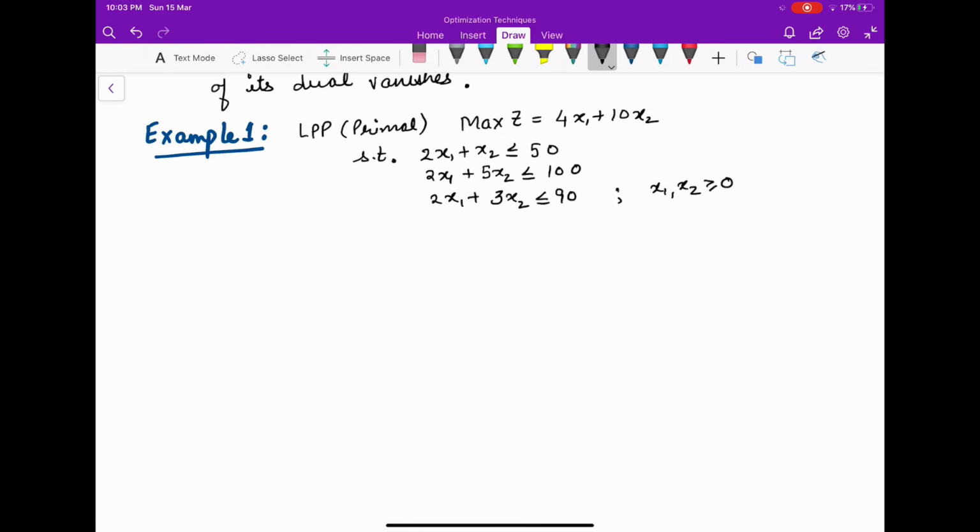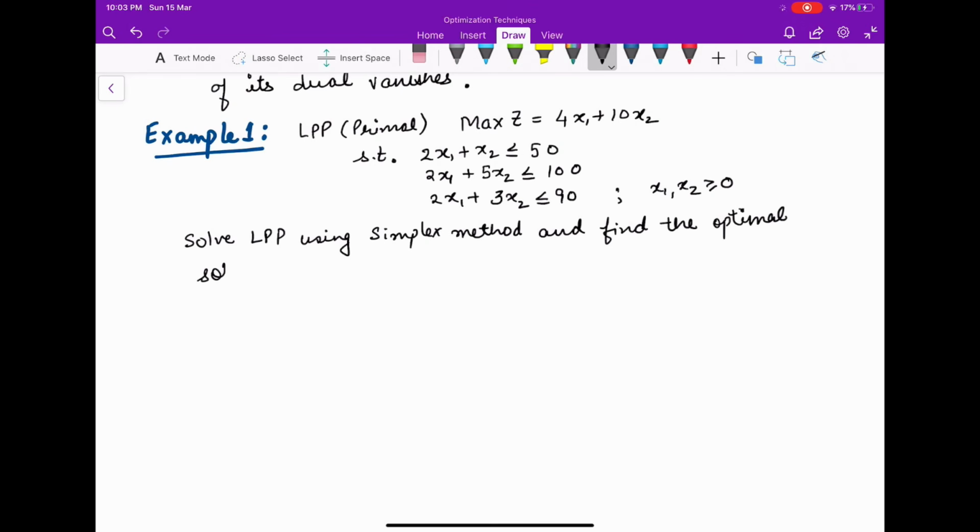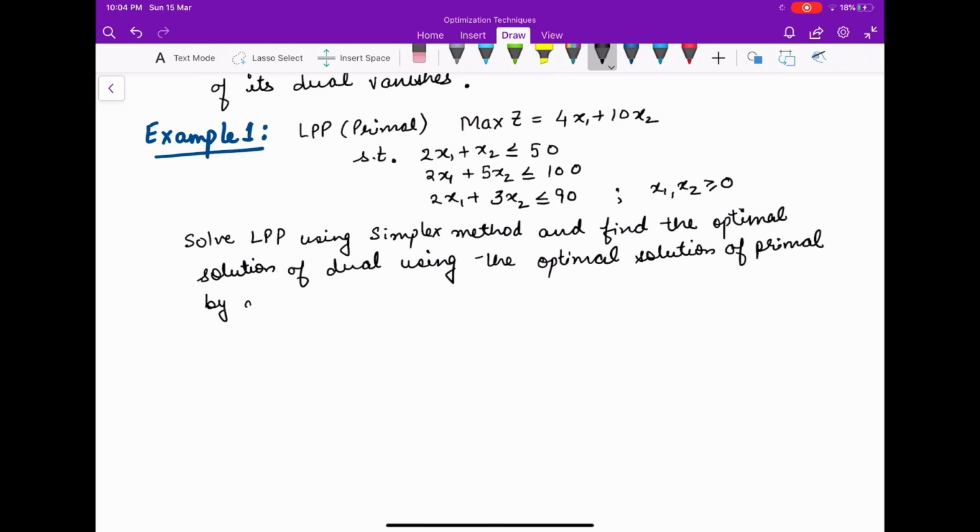Now the question is, solve the LPP using the simplex method and find the optimal solution of the dual using the optimal solution of the primal by applying complementary slackness conditions.